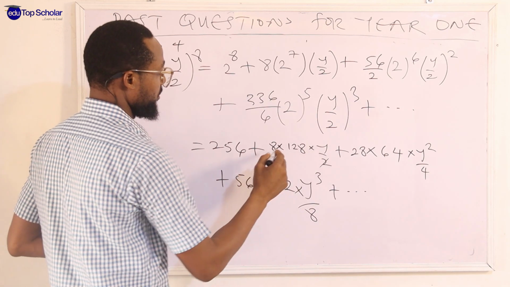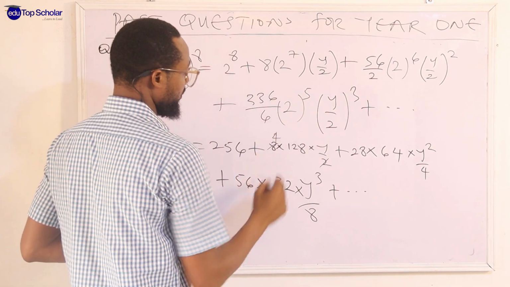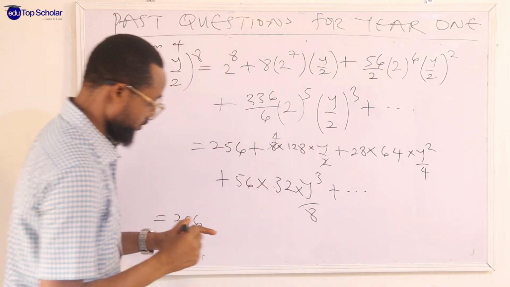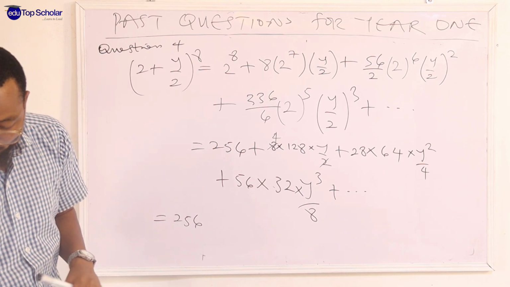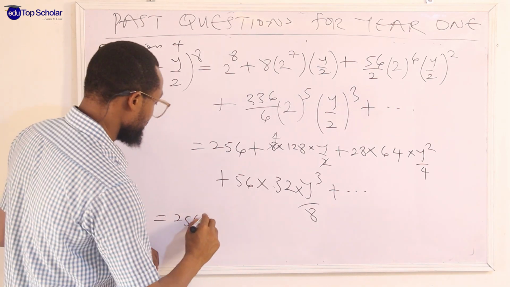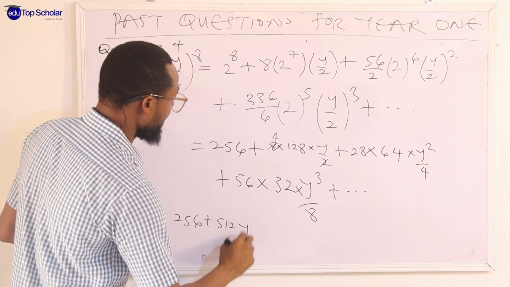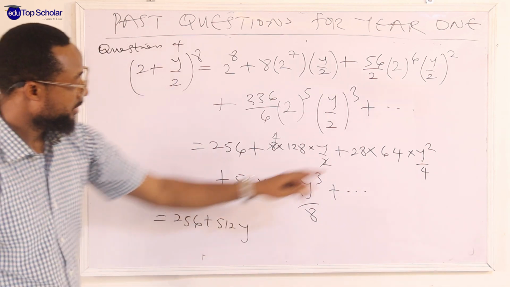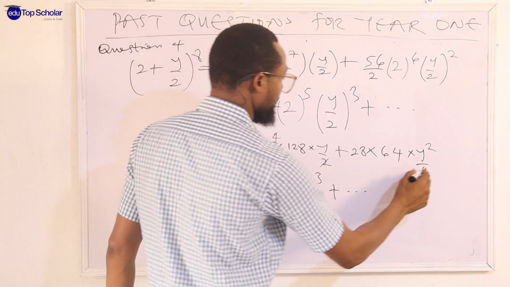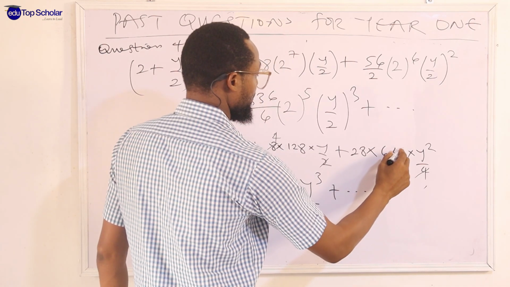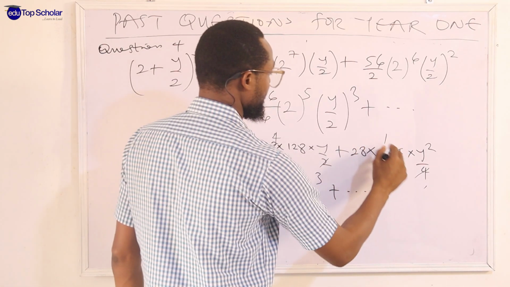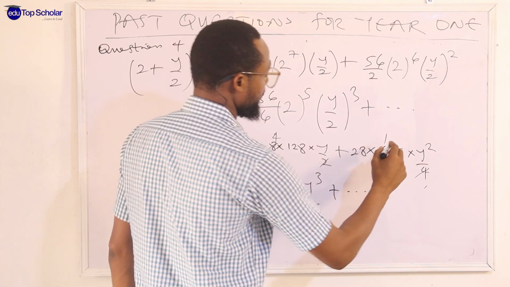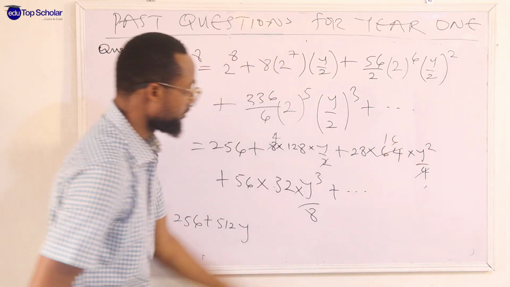This will go to reduce this guy to 4. 4 by 128, here is 512 plus 512 y. Here, this will go 4 here, that will be 4 in 6, 1 in 24, that's 16 by 28.